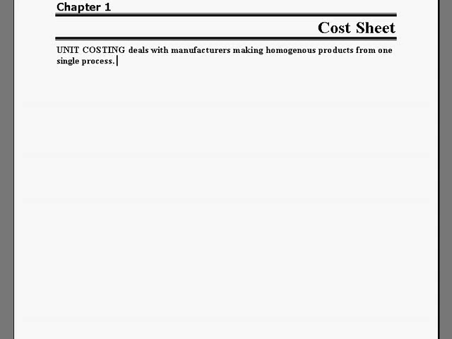There is some order given of the way in which the costs are to be added one after the other. This is the basic about cost sheet. So we are talking about what unit costing deals with: manufacturers making homogeneous products from one single process. Correct?